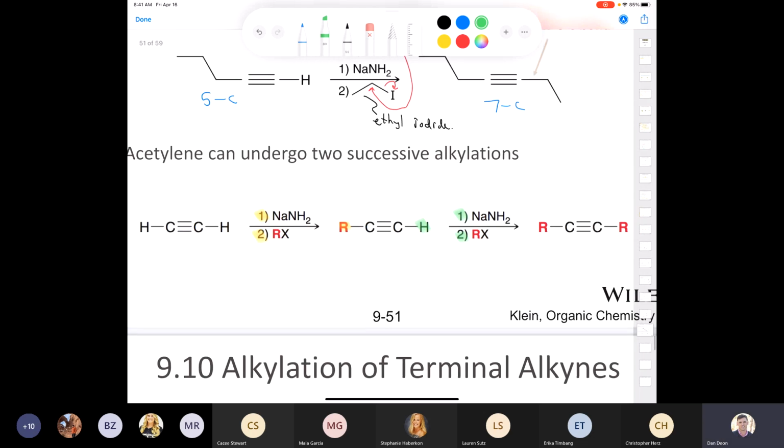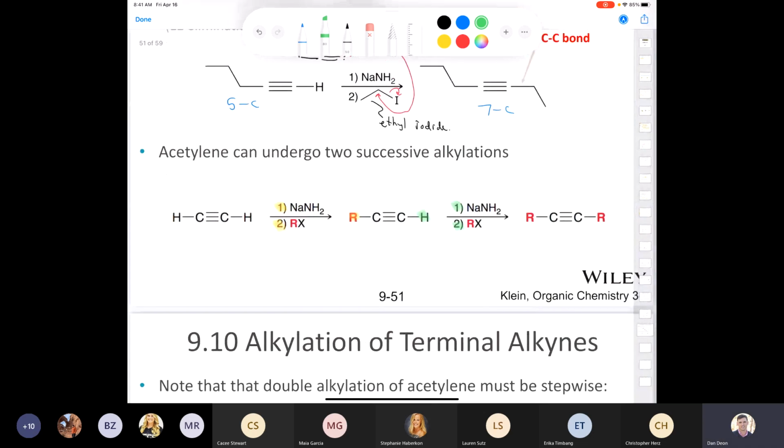What I want you to understand here is that with these two successive alkylations, order is not important. I don't mean that you can just throw in sodium amide later, but I mean the order in which this is added and this is added. You could add either of them first. It doesn't matter, and we'll look at an example of that today.